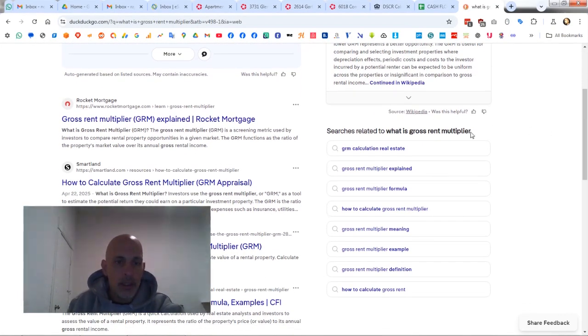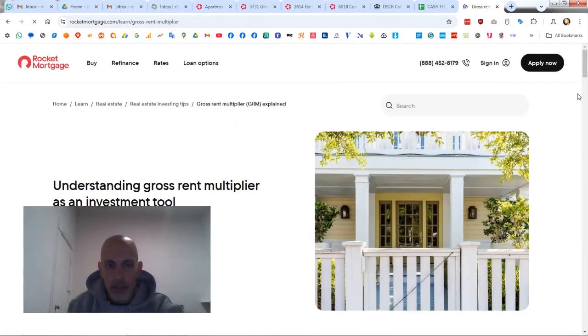So basically, they're looking at how many years it would take to pay off the building by just using the gross rents. So technically, to calculate it, you would divide the purchase price by the total gross annual rents. So let's see what it says over here.